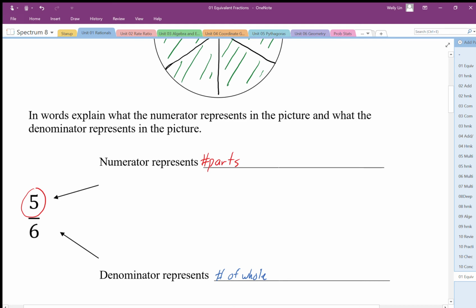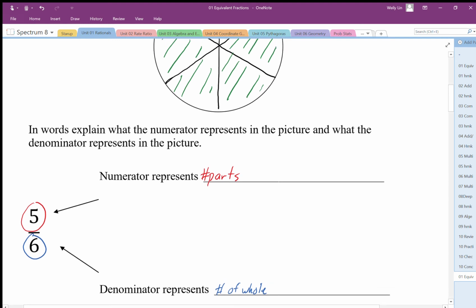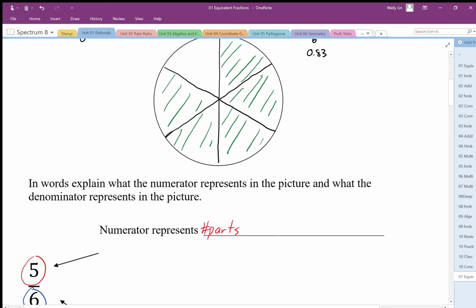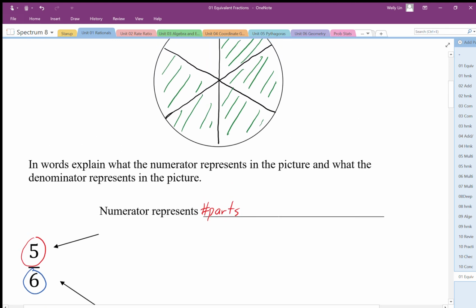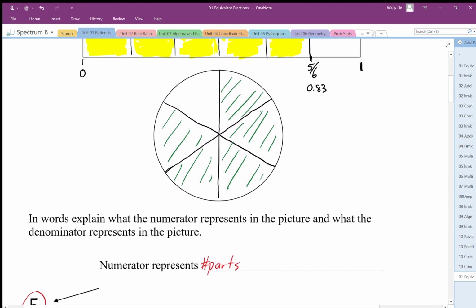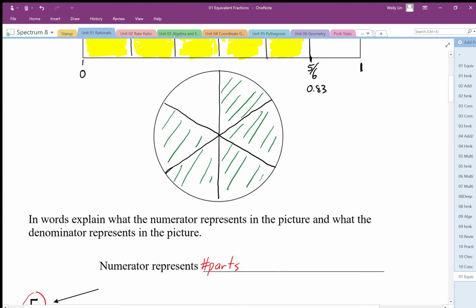We could also express the numerator, and this might be a little bit new to you, as how many pieces we have, and then the denominator represents how big the pieces are. When we talk about a 1/6 fraction, it tells us how big the fraction piece is. A 1/6 fraction looks different in size than a 1/8 fraction or a 1/4 fraction.